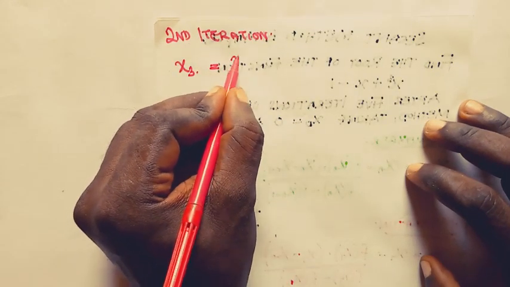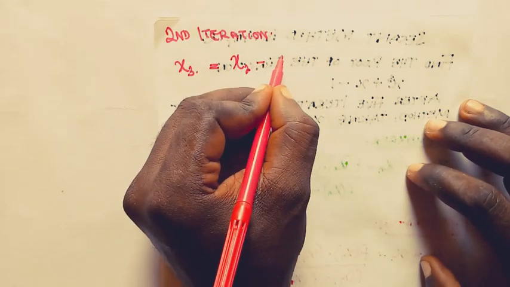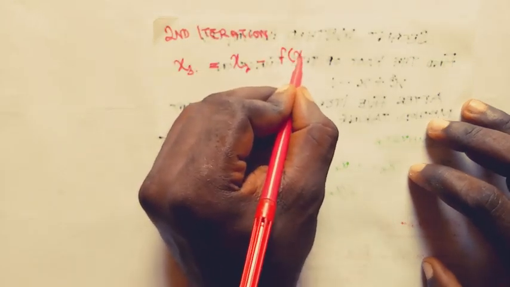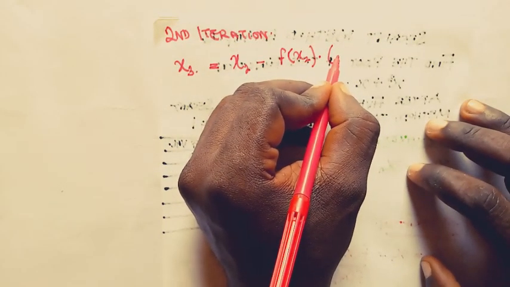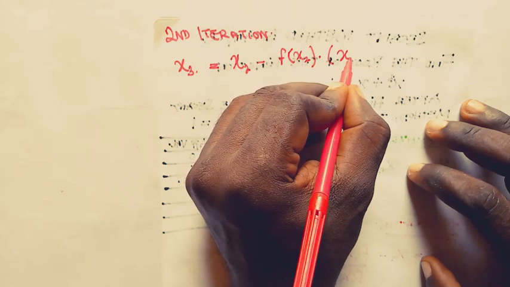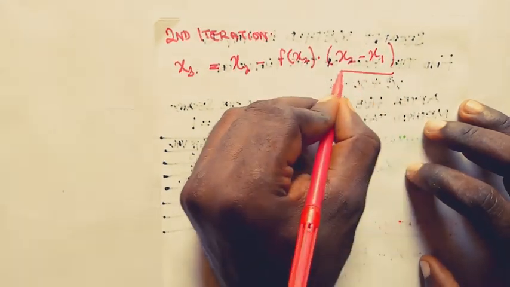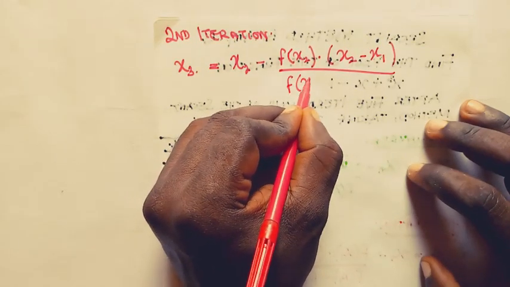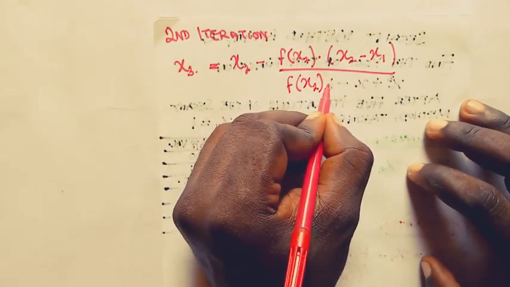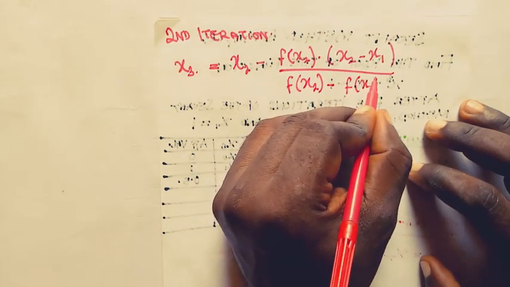So x3 is derived using x2 minus f of x2, multiplied by x2 minus x1, divided by f of x2 minus f of x1.